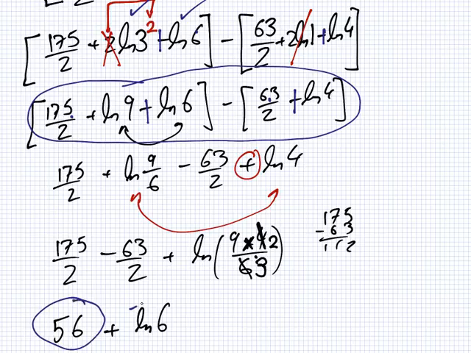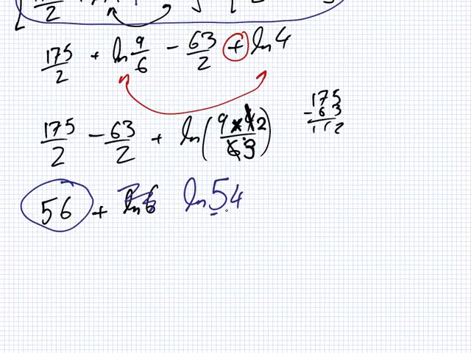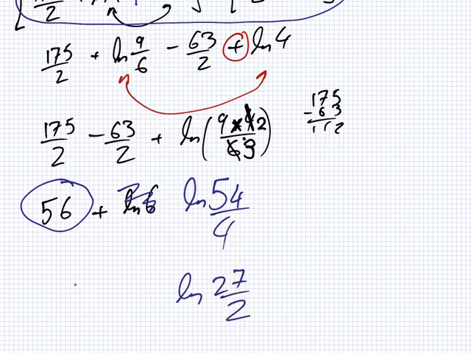Yeah. But the problem is here, when we plus, what do we do? Multiply. So that's log 54 minus log 4. And when we minus, what do we do? Divide. So it should be log 54 over 4 instead, which is log 27 over 2.